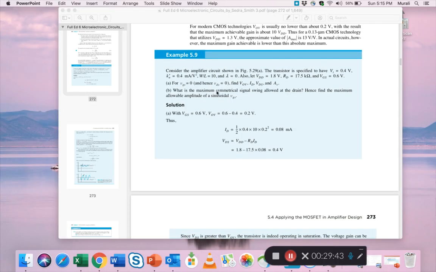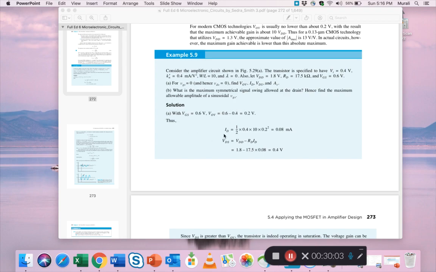So this is 5.9. Part A, VGS is given right here, and also VT, the threshold voltage, is given. If you take the difference of the two, you get overdrive voltage as 0.2.